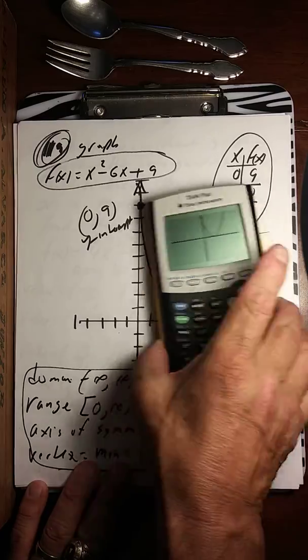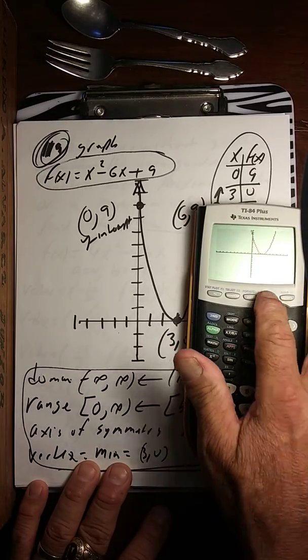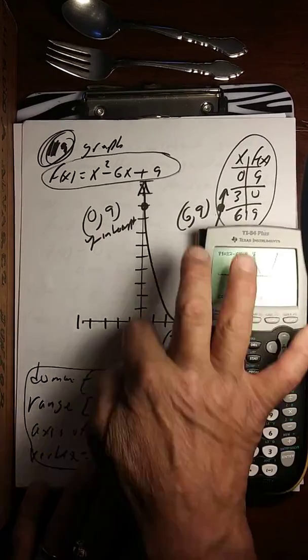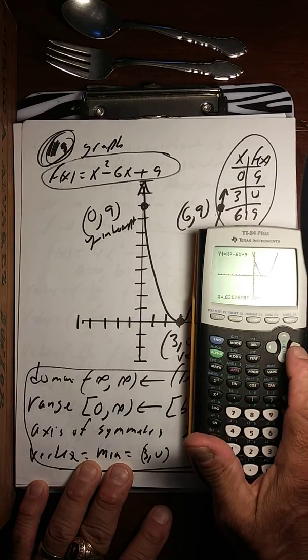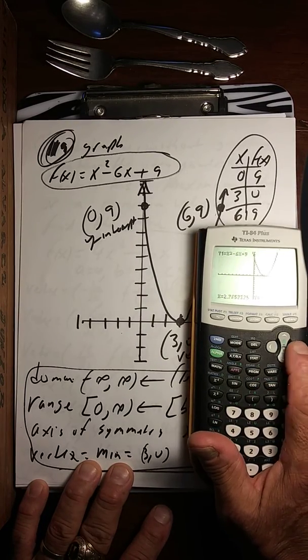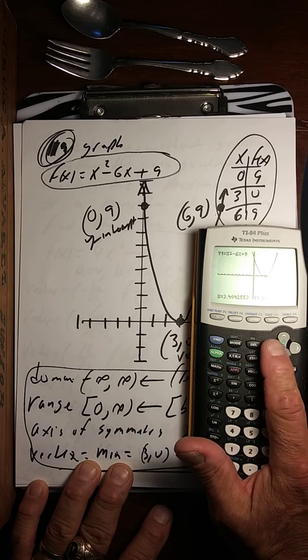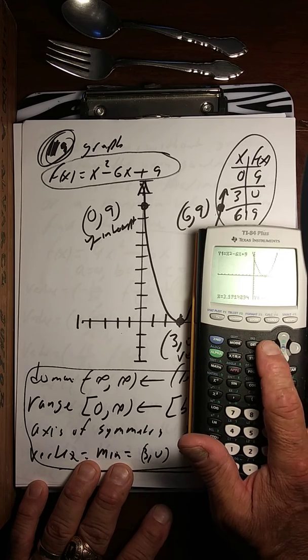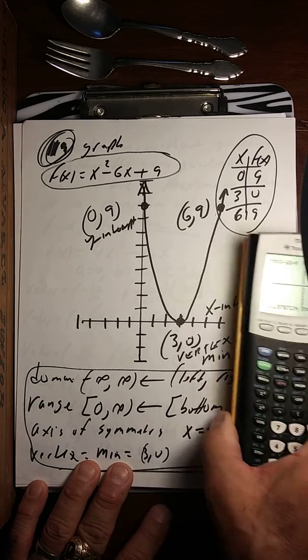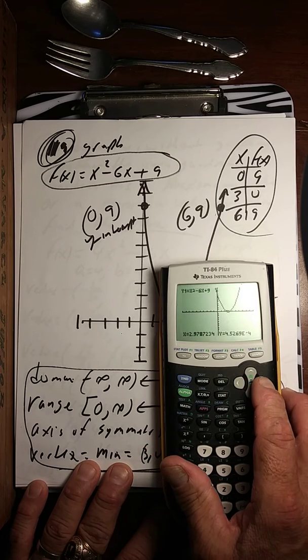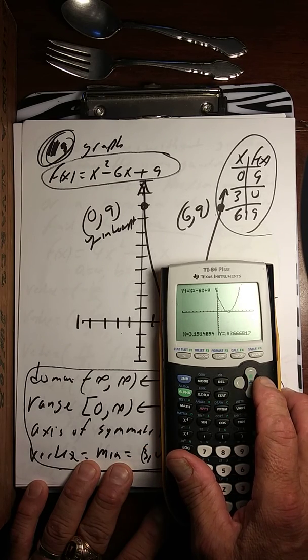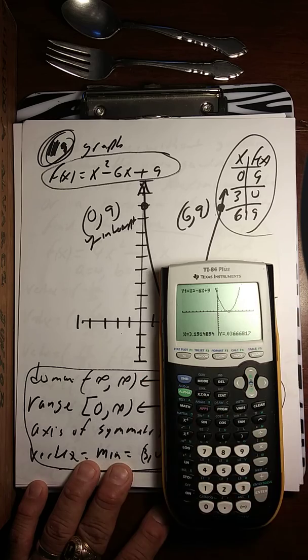There it is right there on the right side. Do a trace. So it says 0 and 9. That's a spot. And it's close to 3. Let's see, 3 and 0. Yeah, right there.